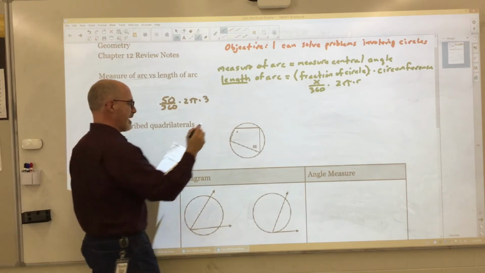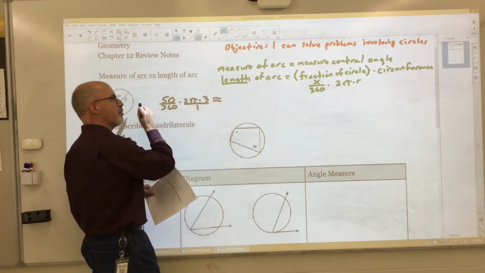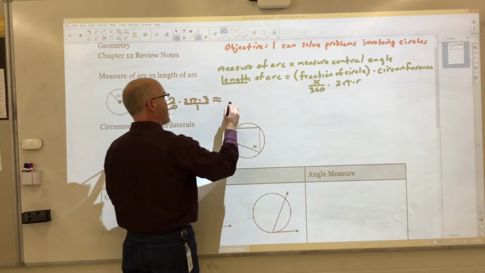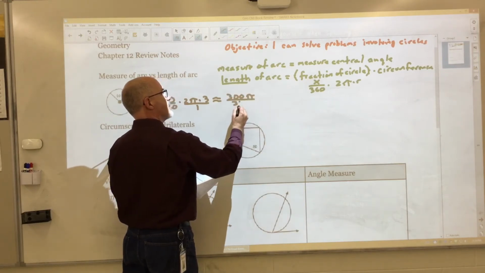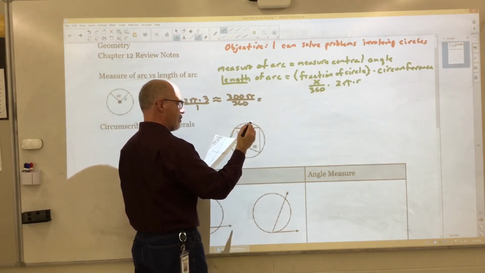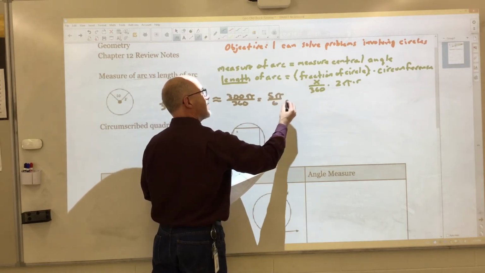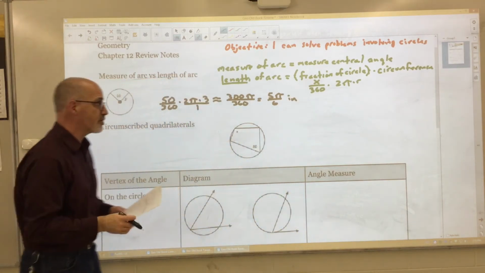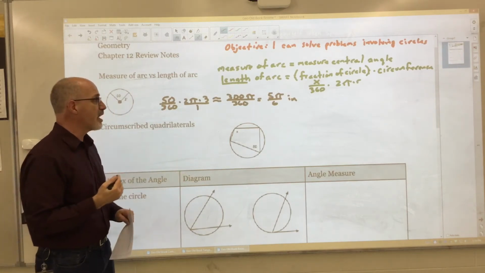When we multiply that all out, treating this like it's over 1 and multiplying the top together and the bottom, we get 300 pi over 360 times 1, which simplifies down to 5 pi over 6. And in this case, it's in inches, since we're dealing with the length of something, so it's just our inches.